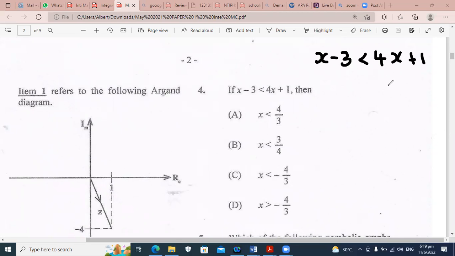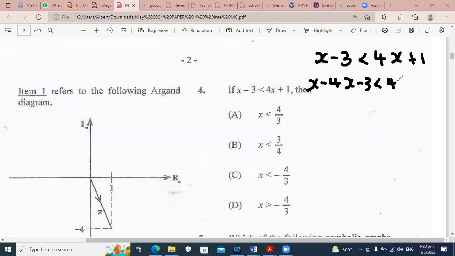Yes, sir. All right. So if you want to put all the x's on the left and all the numbers on the right, we need to subtract 4x on the right. If I subtract 4x on the right, I have to subtract 4x on the left.